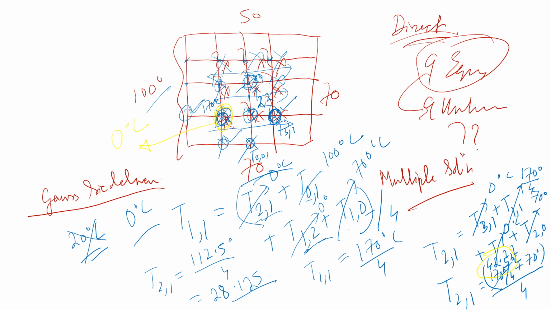So what is the error or what is the difference? Presently, after the first iteration, we have found out that T11 is 42.5 degrees centigrade. But originally we assumed that all the internal nodes stay at 0 degrees centigrade.